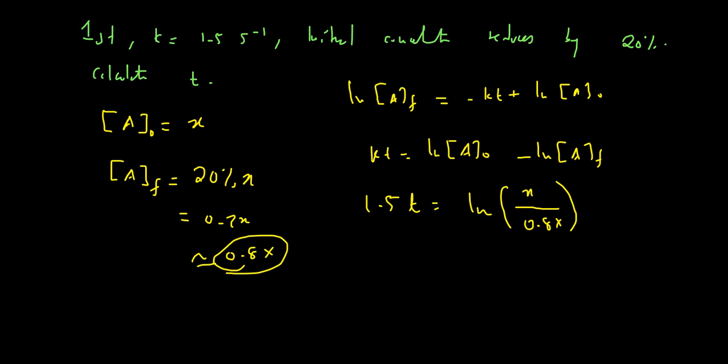Therefore the time is going to be natural log of 1 over 0.8, divided by 1.5. Whatever you find is the time it will take for the concentration to drop by 20% for this question.